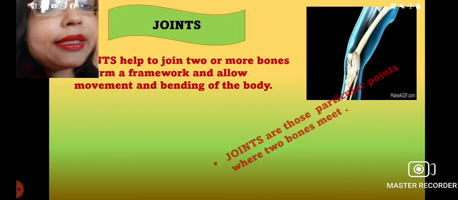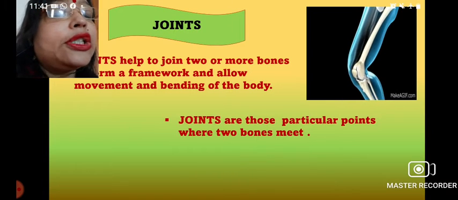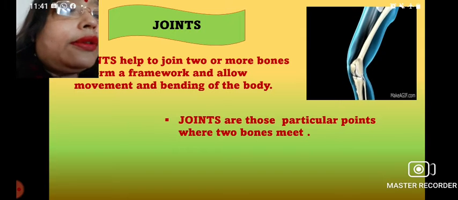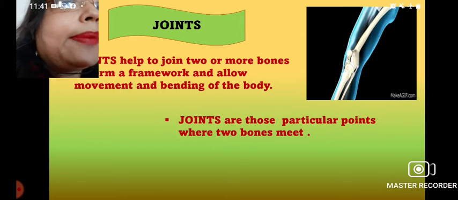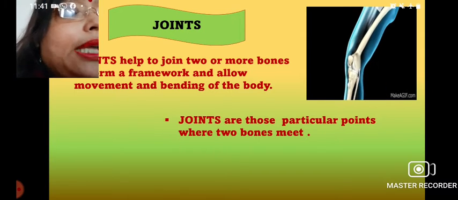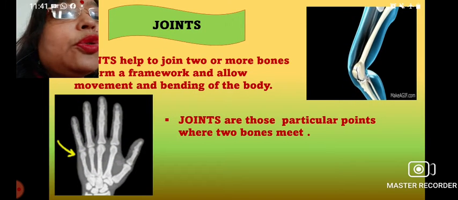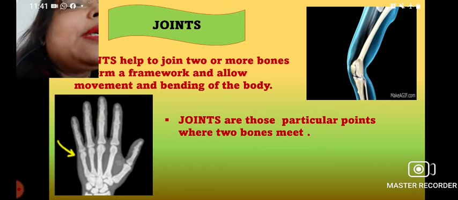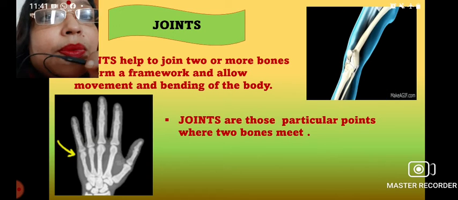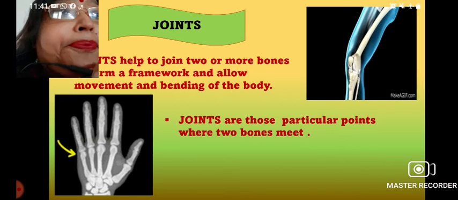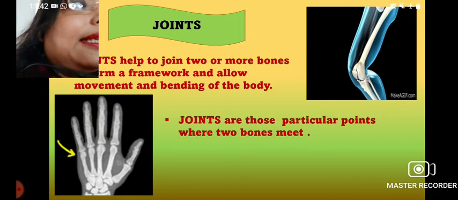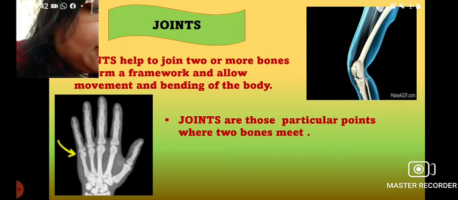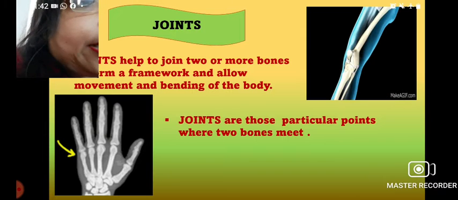It is the structure where the body can be moved. Okay, so it can be said that these are those particular points where two bones meet. You can see the picture of the knees, as well as the picture of the hand, that is the palm, where two or more bones are joined together to form a joint.